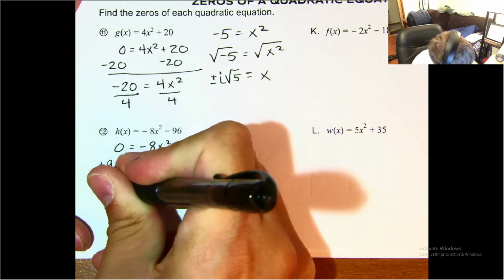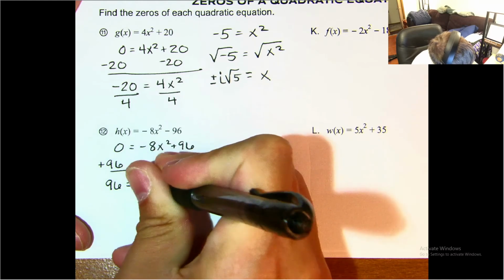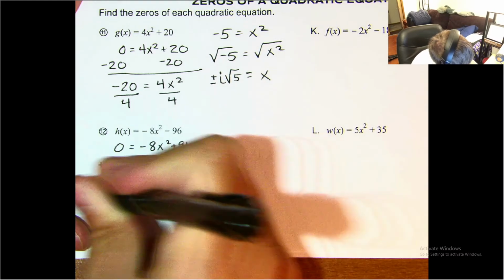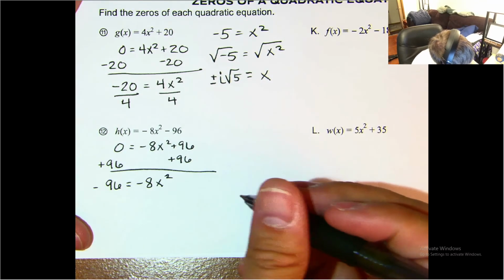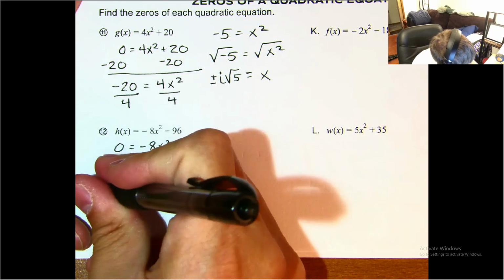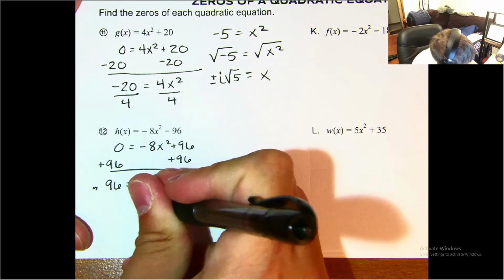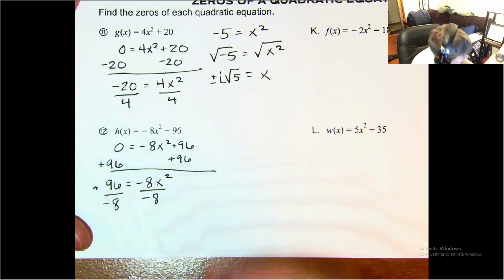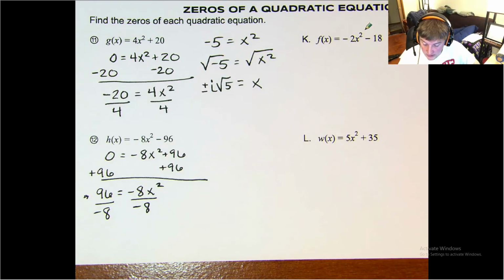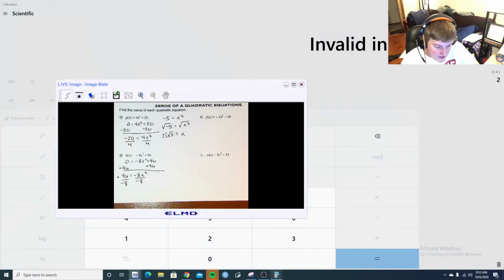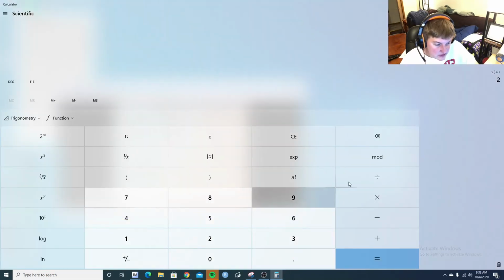Get 96 is equal to negative 8x squared. And nope, this is positive. And then divide by negative 8. Oh, let's go ahead and use calculator. I'm not 100% sure what that is. 96. Okay, so it's 12.